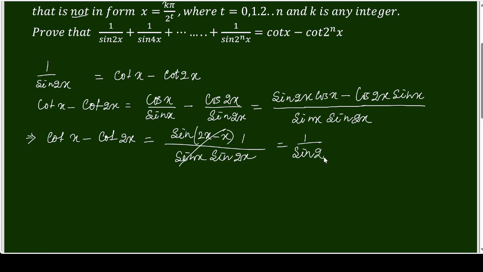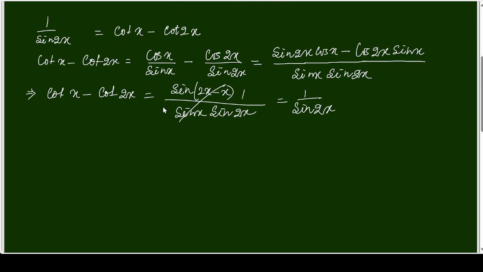So each term, 1 over sine 2x, 1 over sine 4x, will be written as a difference of cot functions. Then only we will get the sum.